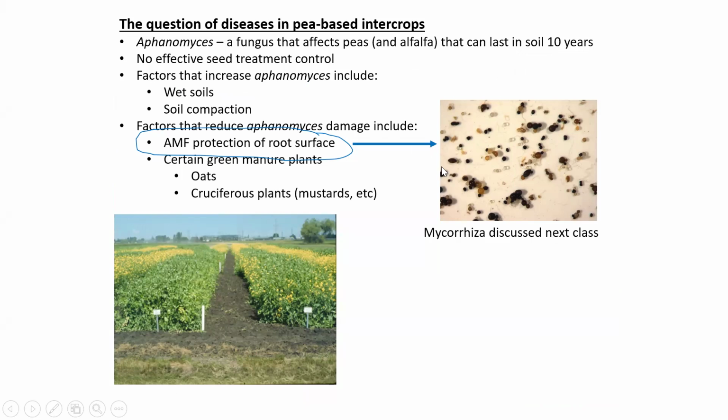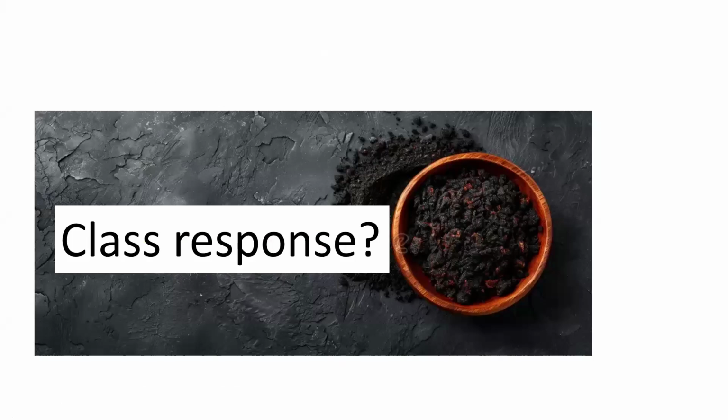And so systems that build up their mycorrhizal spores and networks are going to be better at growing peas in wet years. So that's a little bit on diseases, using crop rotation and other forms of plant diversity.